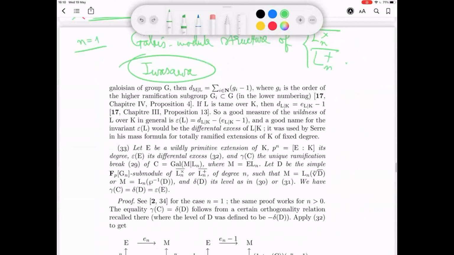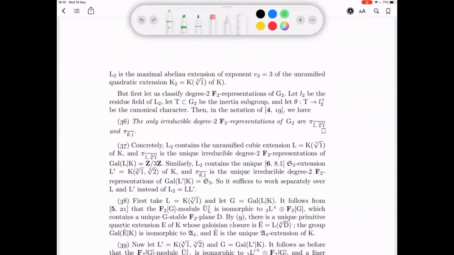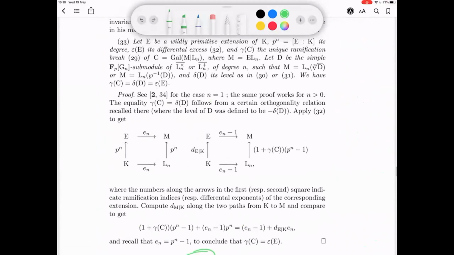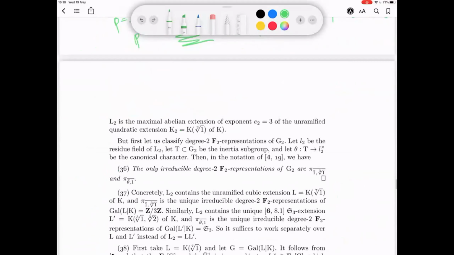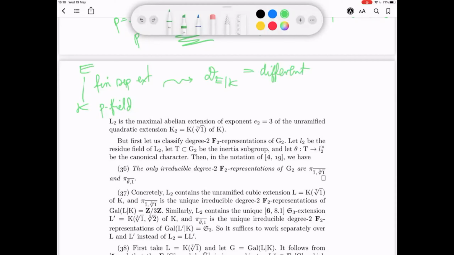So the final remark is this. If you have a p-adic field K, and a finite separable extension E, it doesn't have to be totally ramified, then you have the different of E over K. That is some P_E to the power c_{E/K}.